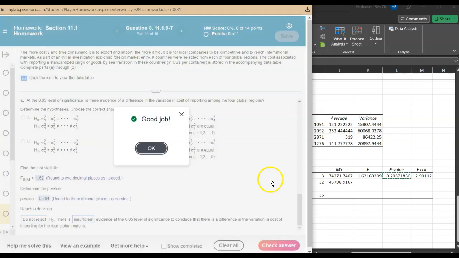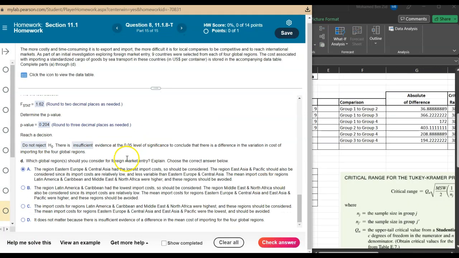And good. All right, so in this conclusion here, we want to figure out what is the right statement. So this is related directly to our objective, right? So what we are doing here, we are looking for the cost associated to the importing of standardized cargo of goods, right?